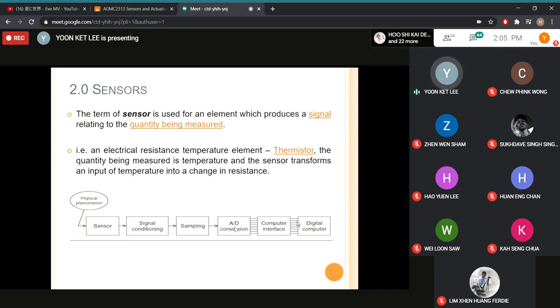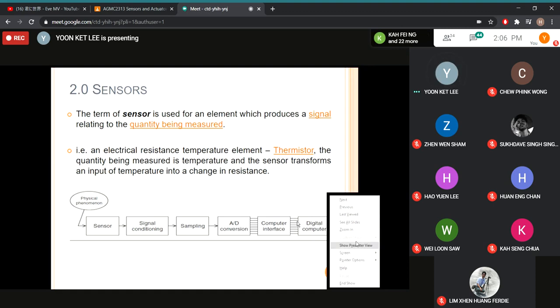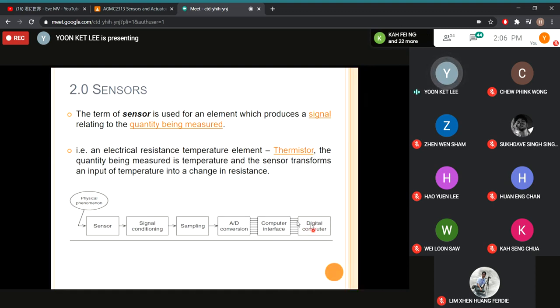After that, you need to decide whether you need to do a conversion, for example analog or digital conversion. Only then can you interface with the computer. This could be the wires and ports, and finally you go inside the PLC. The PLC will be the last.